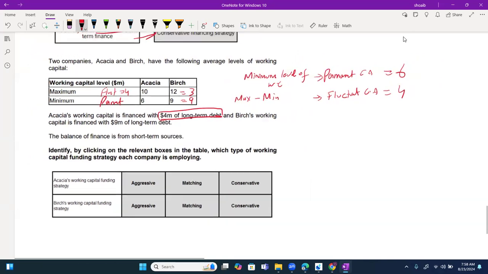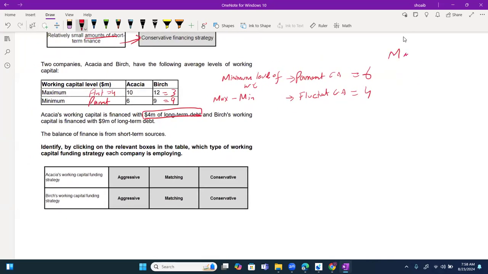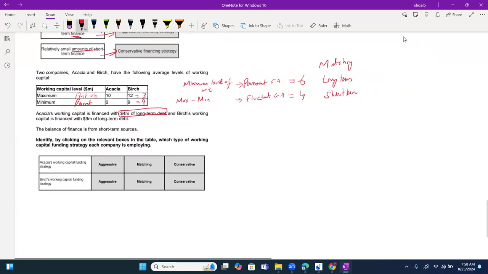So what should be the matching policy? Let me tell you first of all, matching policy. You should finance permanent with the long term and fluctuating with the short term. Okay, sir. What is aggressive?